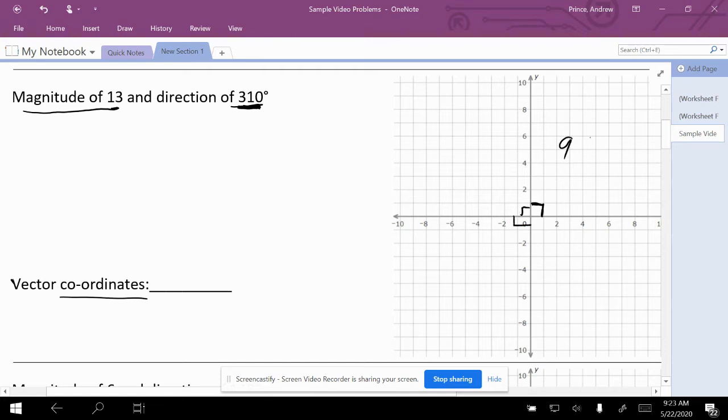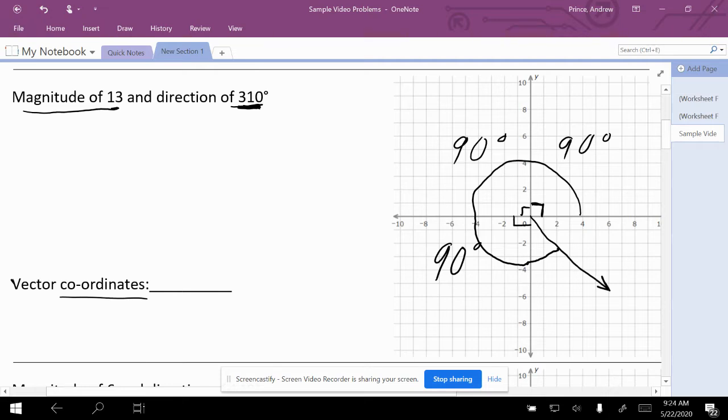So if I have 90, 90, 90, then I know I have 270 degrees there. If I take my 310 and subtract the 270, I get 40 degrees. So I'm going to travel all the way 90, 90, 90, and then another 40 degrees before I get to my vector.